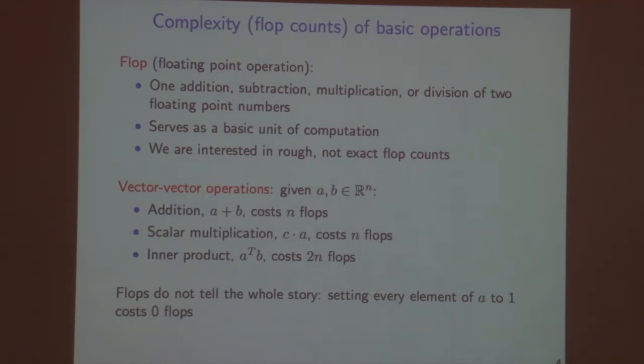Okay? Flops don't tell the whole story. They're not a perfect measure by any means, like I said, of the computational complexity of some sequence of operations. For example, if I want to set every element of A to 1, maybe my code looks something like this in C notation.